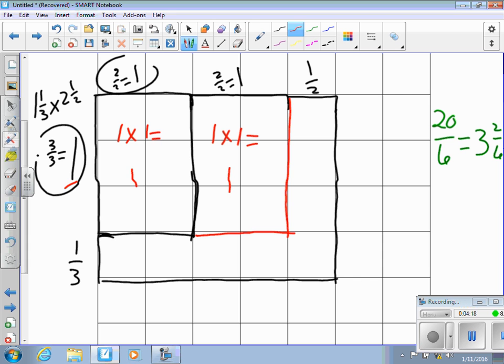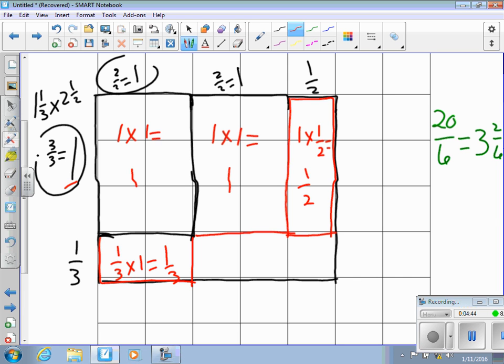In this part of our model, we have 1 times 1/2, which is equal to 1/2. In this part of our model, we have 1/3 times 1, and that is equal to 1/3.